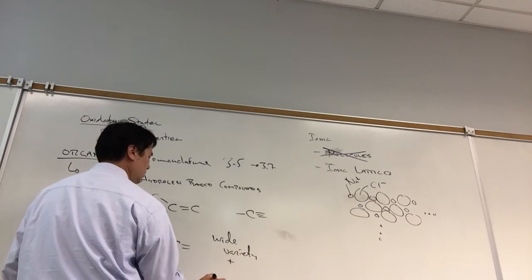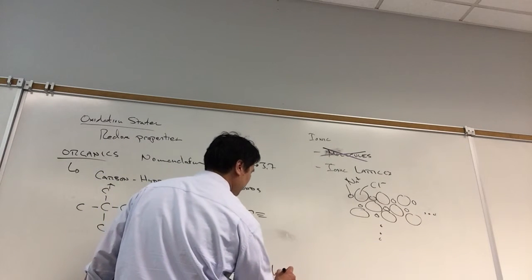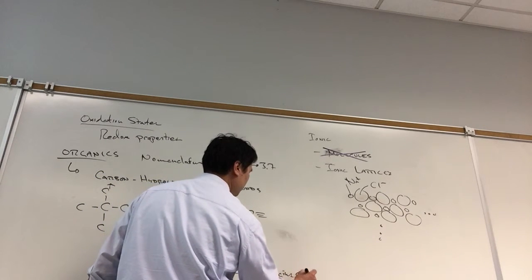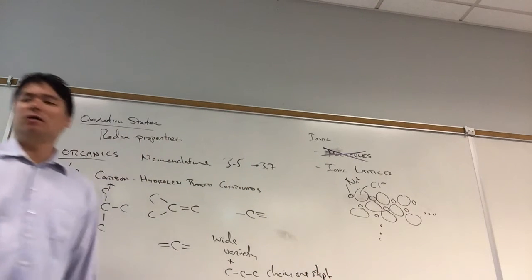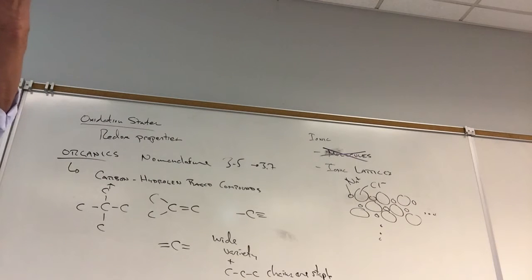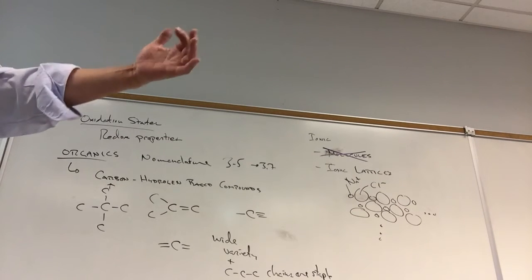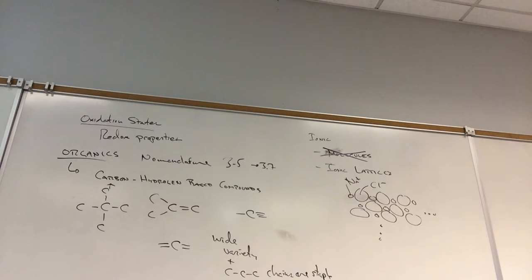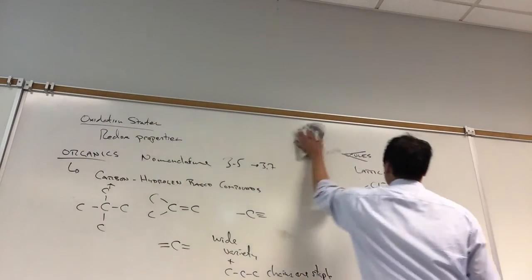Plus, chains are stable. Remember when I was talking about alcohols, I was talking about the long carbon chain. Like hexanol. Hexanol had how many carbons in the chain? 6. Well, you get these longer chains, you get 6, 10, 12, 20 or more carbons in a chain. You can form a wide variety of molecules.